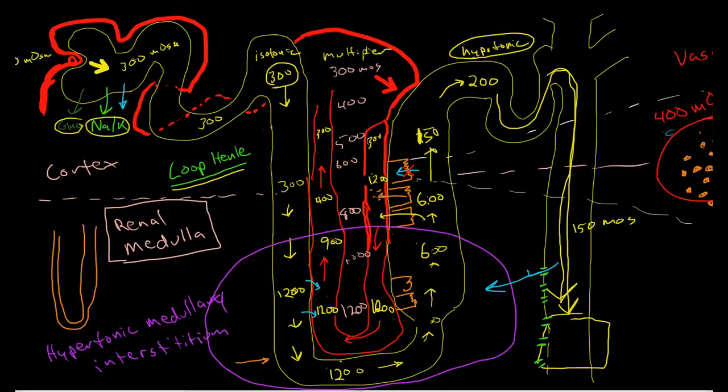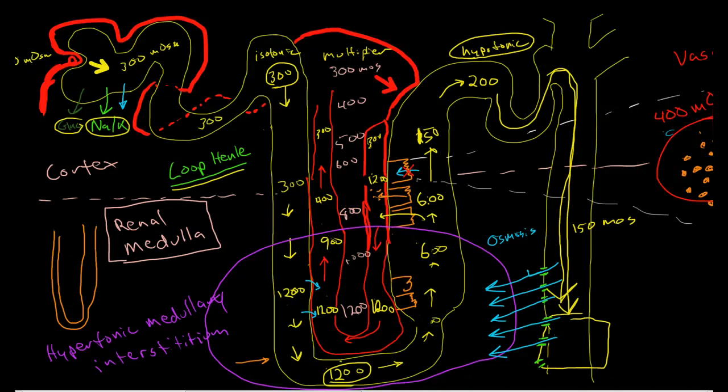This area of the collecting duct is not permeable to solutes, so solutes can't get pulled back into the tubule, only water can be pulled out. So if we open up these aquaporins, lots and lots of water is going to be pulled out by osmosis, towards this very high concentration, 1200 to 1300 milliosmoles.